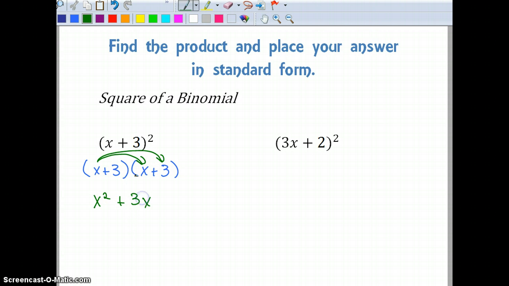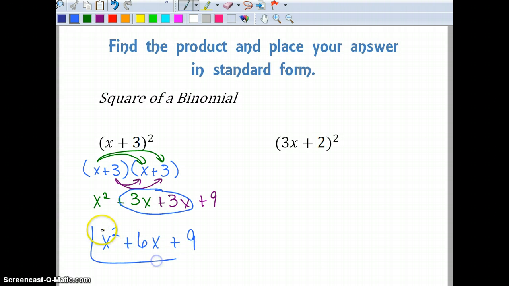Positive 3x. 3 times x is a positive 3x. And 3 times 3 gives me a positive 9. I'm going to go in, combine my like terms. See, 3x combined with 3x is going to give me 6x. So x squared plus 6x plus 9.